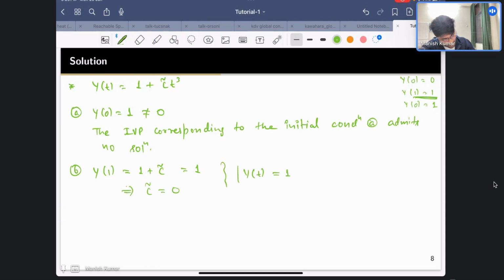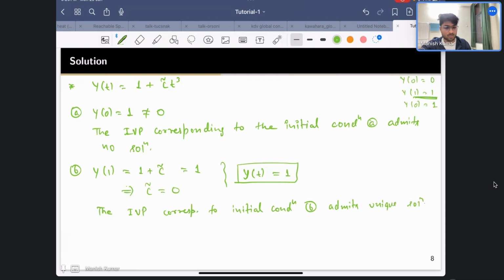This is giving a constant solution, so in this case we have a unique solution. So the IVP corresponding to initial condition B admits a unique solution. Correct?